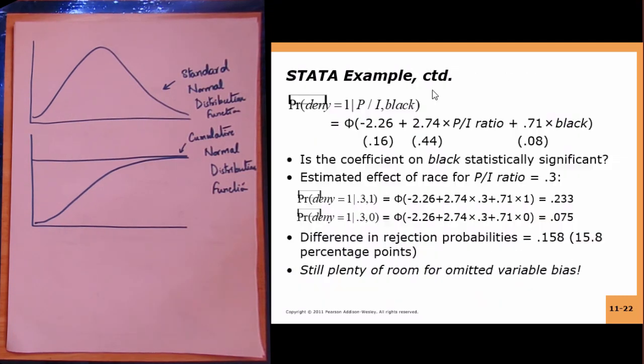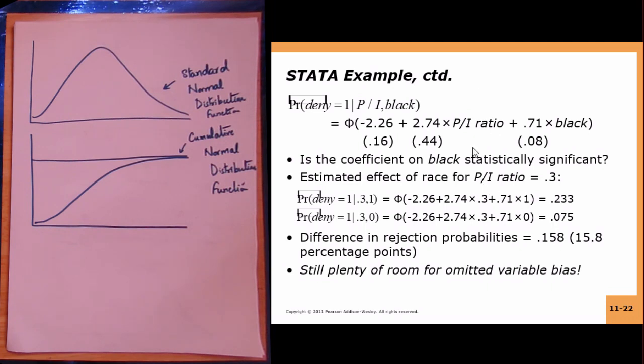So there was some omitted variable bias here, and when you include black, the coefficient reduces somewhat, and if you include even other variables that might have an effect on approval or denial of the application, then these variables may change further.